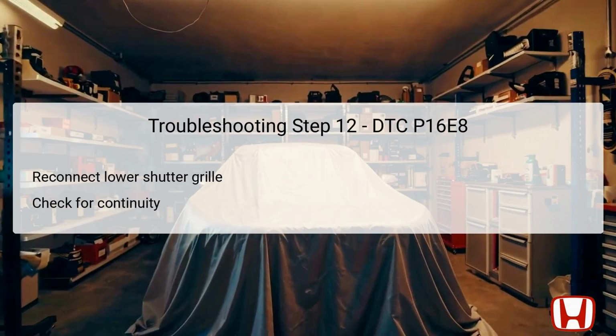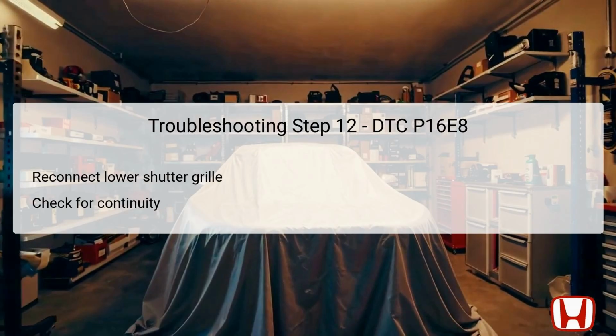Following the series of checks, Step 12 will have the technician reconnect the shutter grille's lower 4P connector while performing continuity checks. This assessment targets the condition of the lower circuit while the battery sensor connector remains disconnected, helping to isolate any issues that may be persisting below.